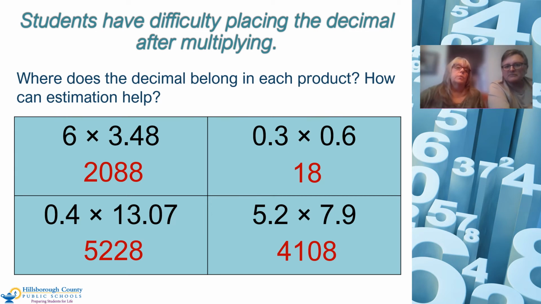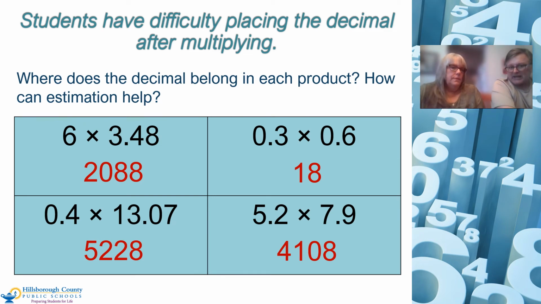Daryl, looking at the first one, where would you place the decimal point and why? So in 6 times 3 and 4 hundredths? Yes. This is where the estimation and the reasoning comes into play, not treating the decimal point as a procedure, but reasoning. If I multiplied and got 2088, I'm thinking about 3 and 4 hundredths, I see 6 times 3 is 18.